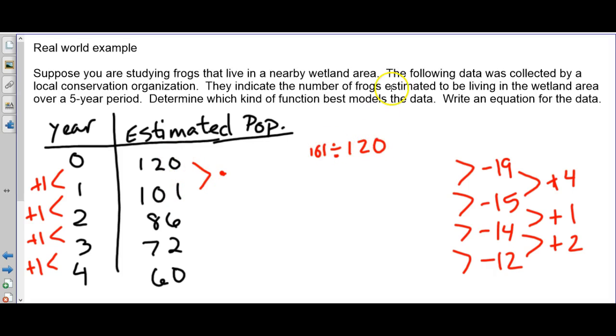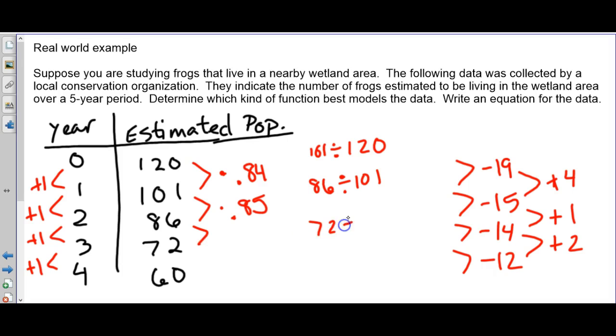101 divided by 120, if you plug it into a calculator, is 0.842. It keeps going. We're just going to use 2 decimal places, 0.84. So now I try the next one. Again, I don't have any clue what I multiply 101 by to make 86, so I'm going to go backwards. 86 divided by 101. If I plug that into a calculator, I get 0.851, so 0.85.